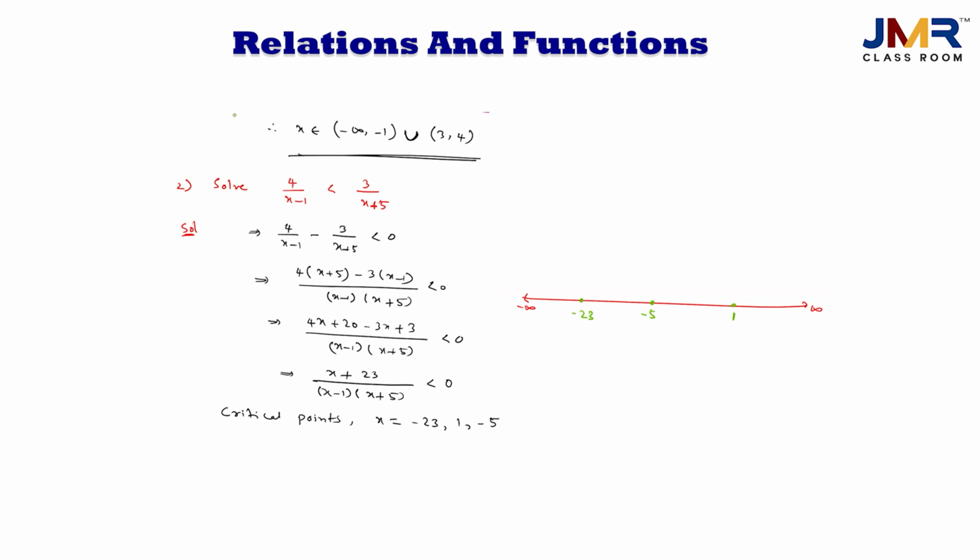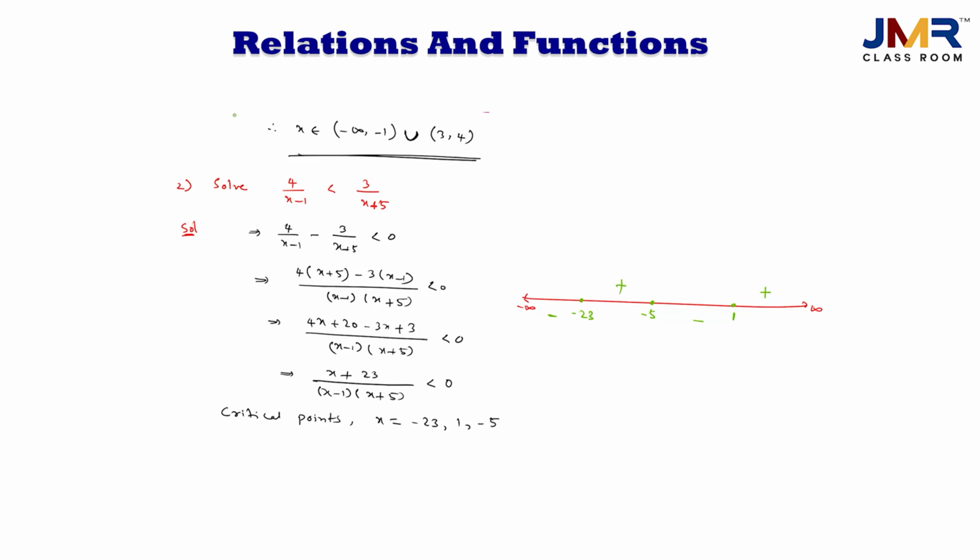Then follow the same rules. After the last critical point, positive. But all are powers 1 only, odd powers only. No x minus 1 whole square, power 4, power 6. So all are x minus 1 power 1, x plus 5 power 1, meaning all exponents of each factor are odd only. Then follow the same alternately: positive, negative.